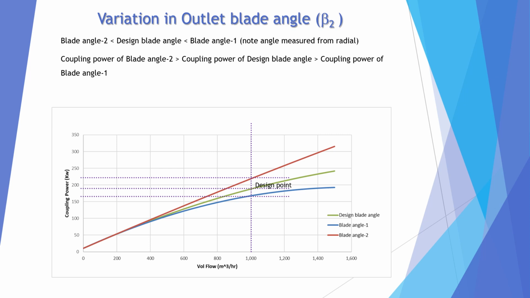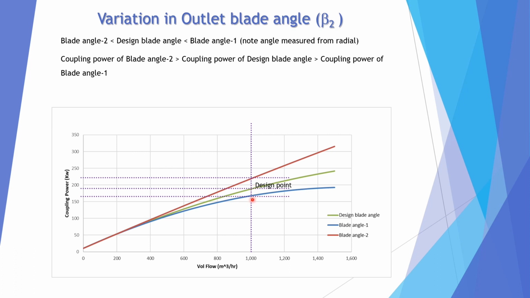Again you can see here, the x-axis is the volumetric flow, and the y-axis is coupling power. For the fixed flow, the red line consumes more coupling power than the blue line, relative to the design point.